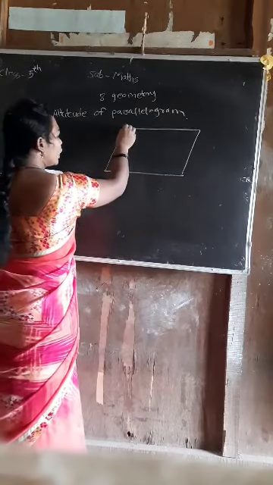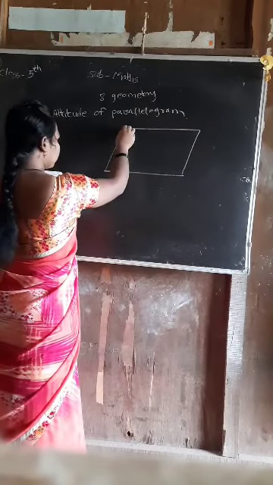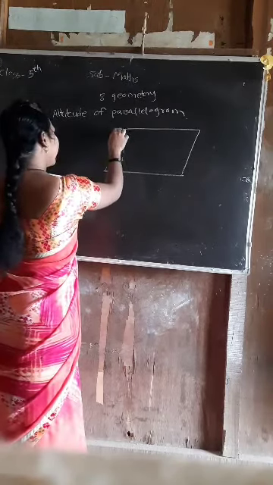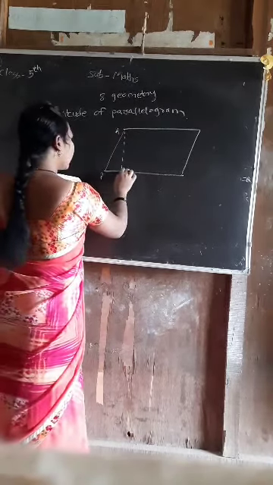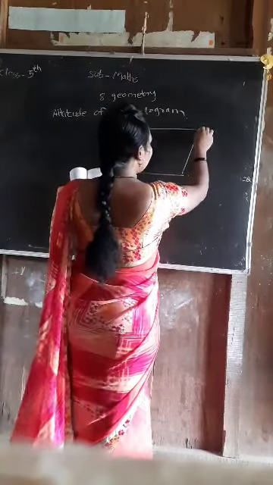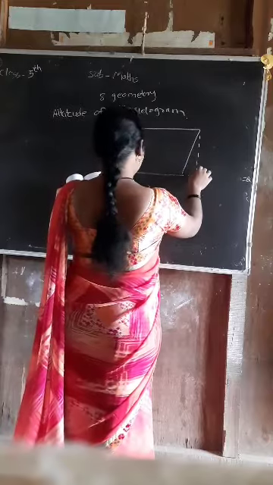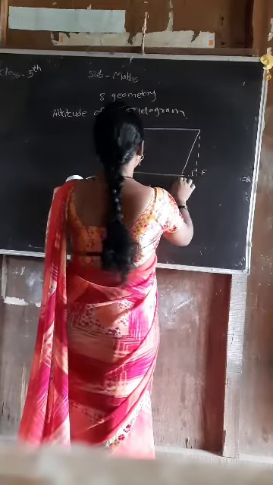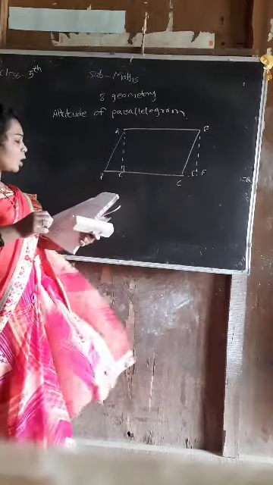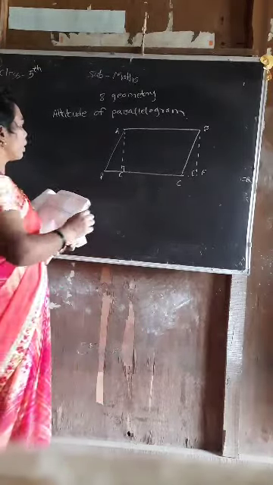The altitudes are AE and BF. Altitude may be inside or outside of the parallelogram.